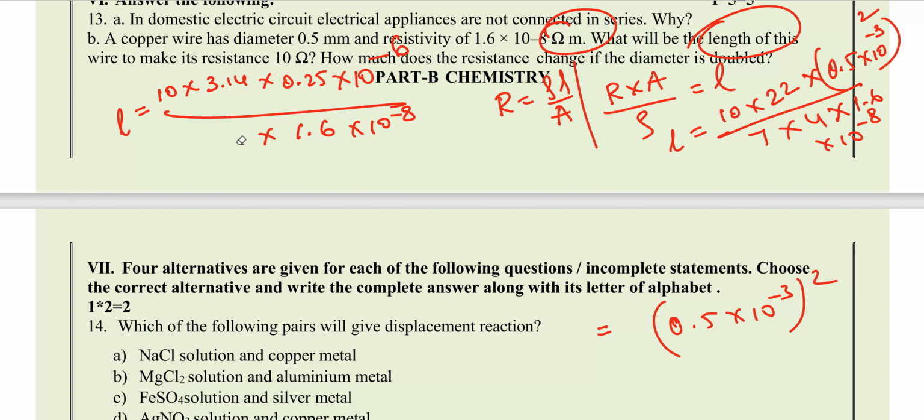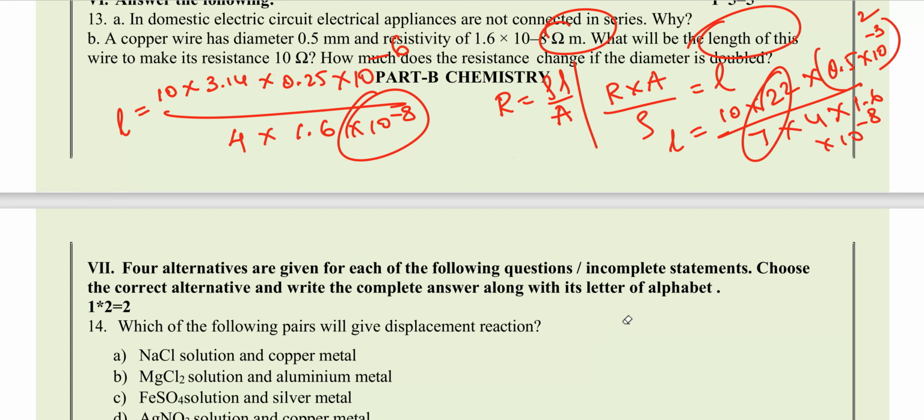What comes? 4 comes, because 22 by 7 is 3.14. So 4 into 1.6 into 10 power minus 8 is left out. This 10 power minus 8 goes up and becomes 10 power plus 8.